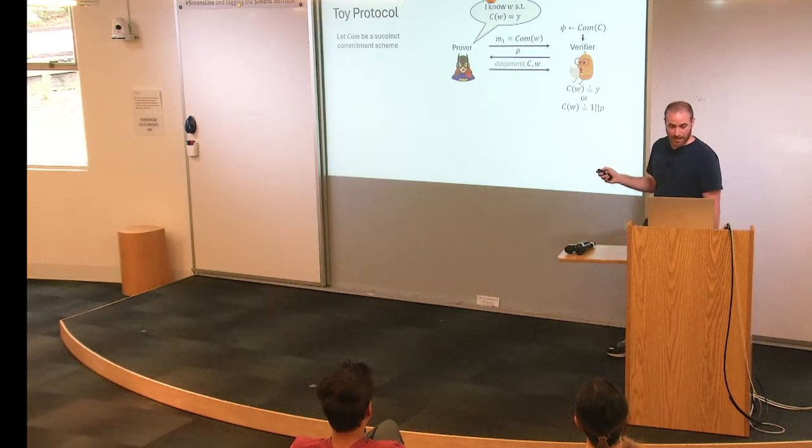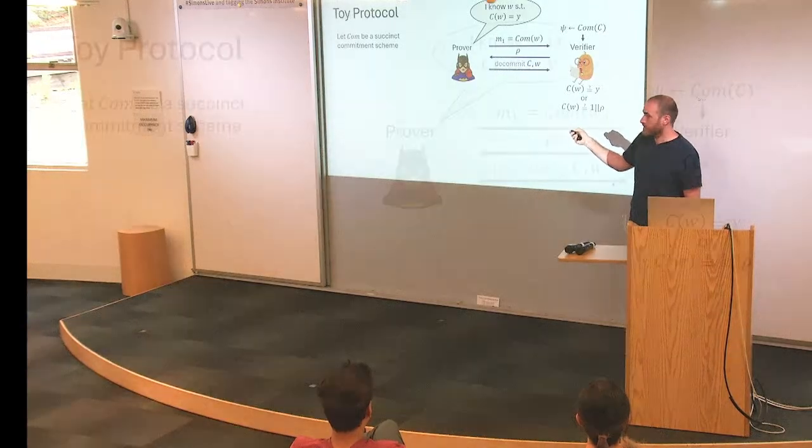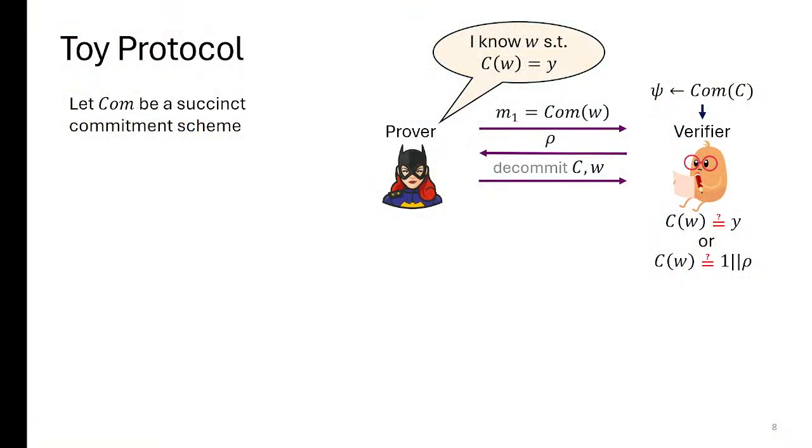Now the verifier, after it verifies these commitments, which I didn't write because it's too much text, checks whether this statement is true, which is what it's supposed to do. Or it checks this weird claim that the circuit on W is equal to 1 concatenated with the randomness rho that it chose. So I'm installing a trapdoor. This is what the verifier should be doing, but it's also checking some very stupid trapdoor.